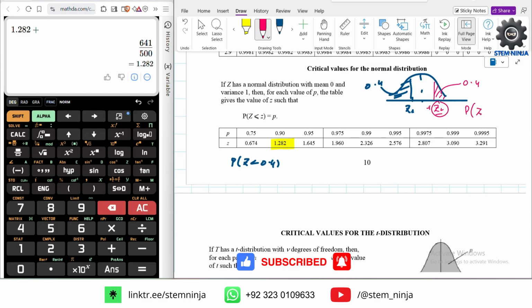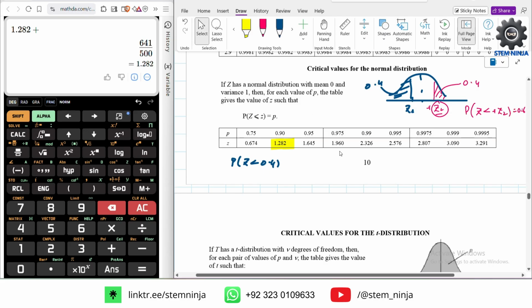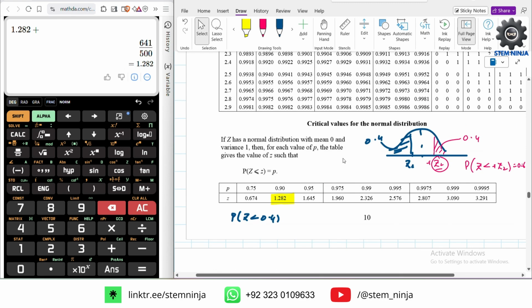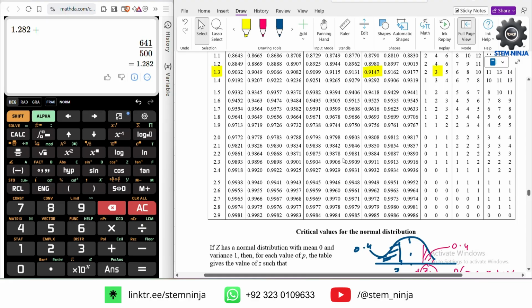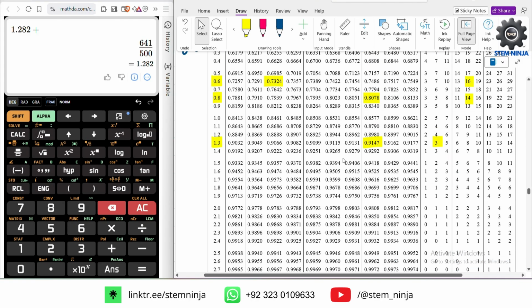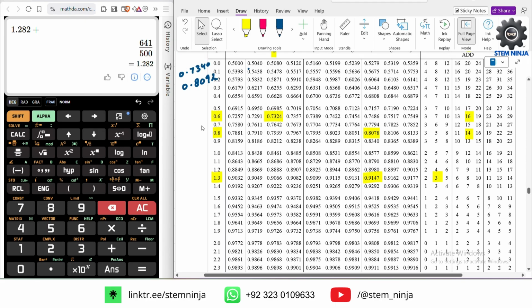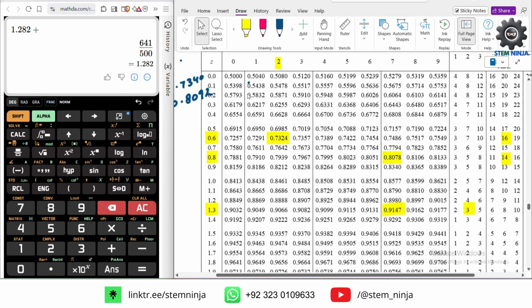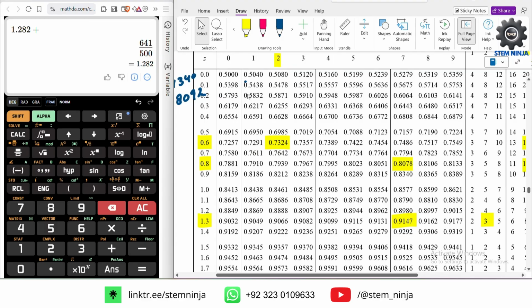So probability z less than positive z2 is 0.6. So if we can figure out where 0.6 is, we can figure out the positive value of that. Okay, so we need to figure out where 0.6 is.